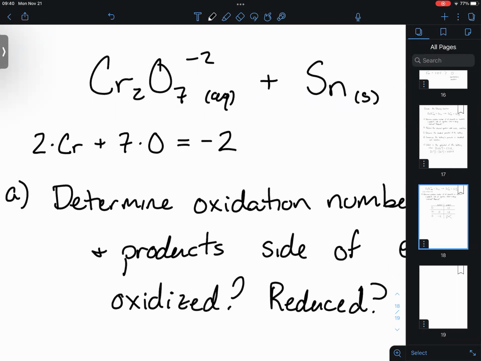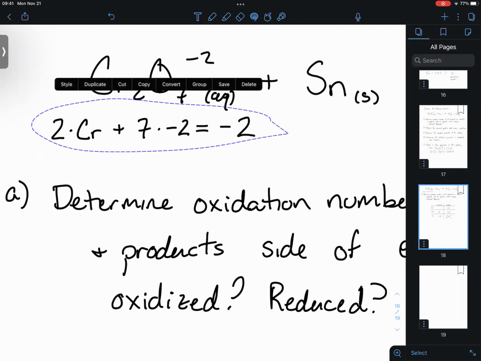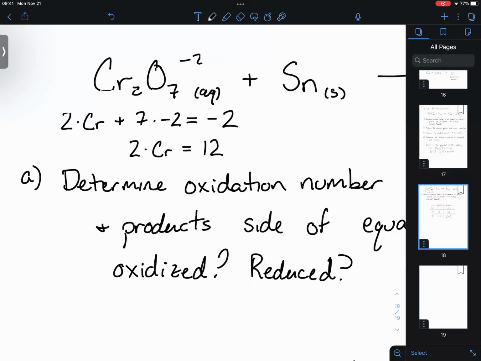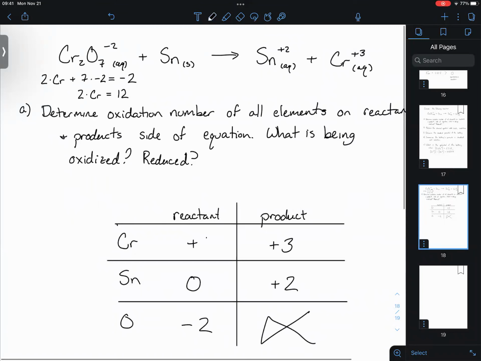One of these 2 components we do know, and that's the oxygen, -2. So I'm going to use this to figure out the chromium. This is -14. If I add 14 to both sides, it gets rid of it there. When I rearrange, 2 times the oxidation number of chromium is 12, which is why I know my chromium is +6.